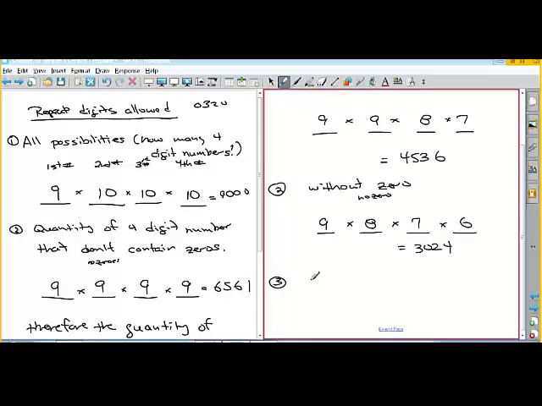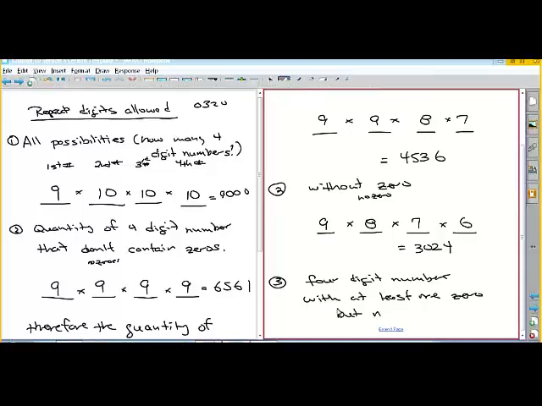3,024. And so the final step is for digit numbers with at least 1 0 but no repeats.